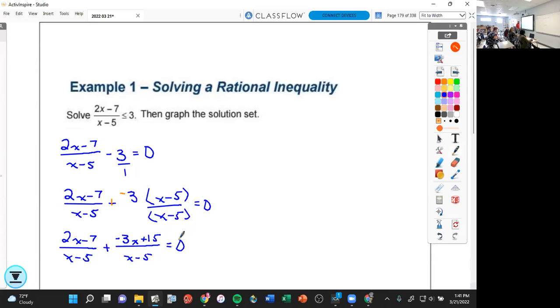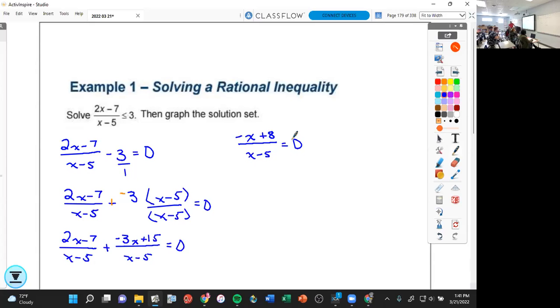Combining my numerators, I have a 2x and a -3x. I have a -7 and a 15, over x minus 5. And that's as far as I can simplify it.